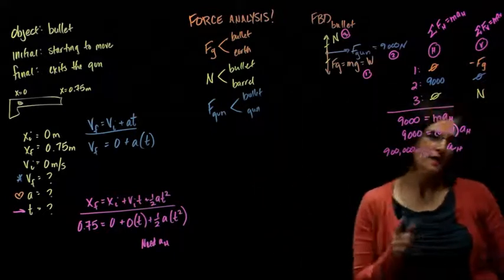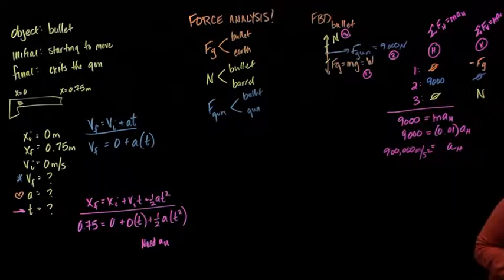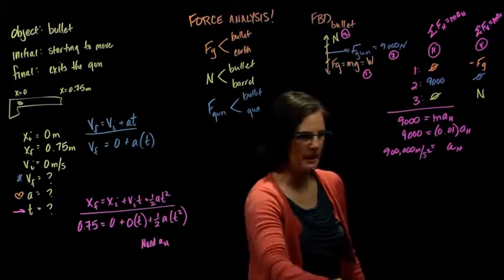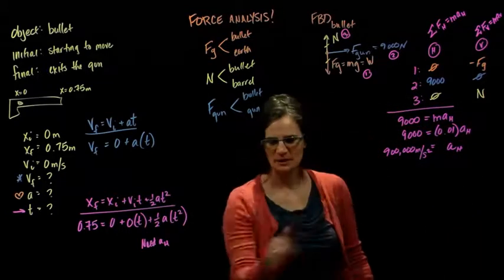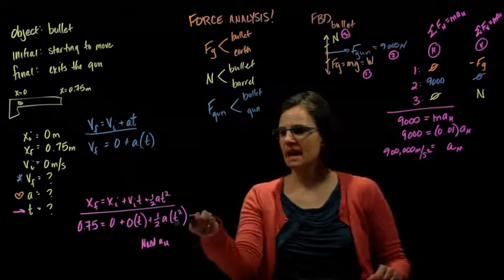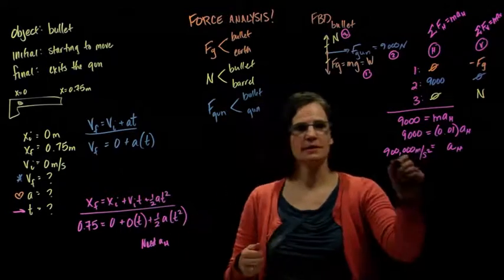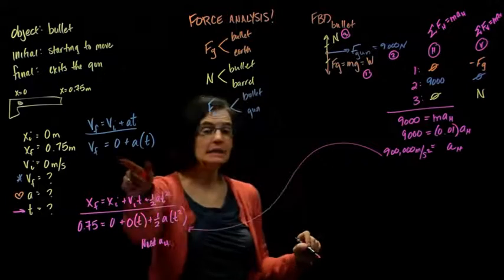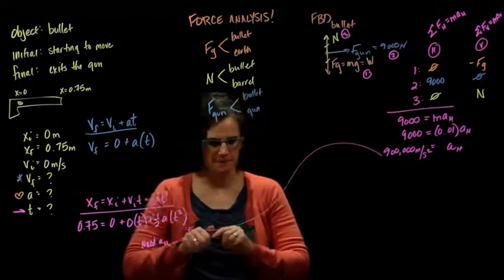I'm going to pause to pull up my key. Okay, so we have 900,000 meters per second squared acceleration. And that, remember, was going to be used over here to give us the time, because I needed time and acceleration up here.